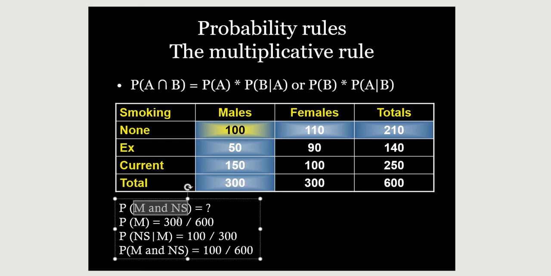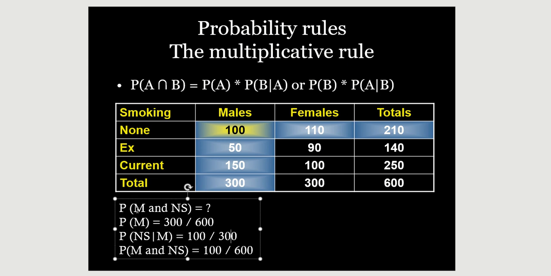And here I'm looking at the probability of male and non-smoker. So the probability of male is 300 over 600. And now I'm going to multiply it by the probability of non-smoker with the condition of male. So it's a probability of non-smoker condition male, and you can see that in this probability I'm dividing by 300 because it's a conditional probability, and I only have 100. So it's 100 over 300.